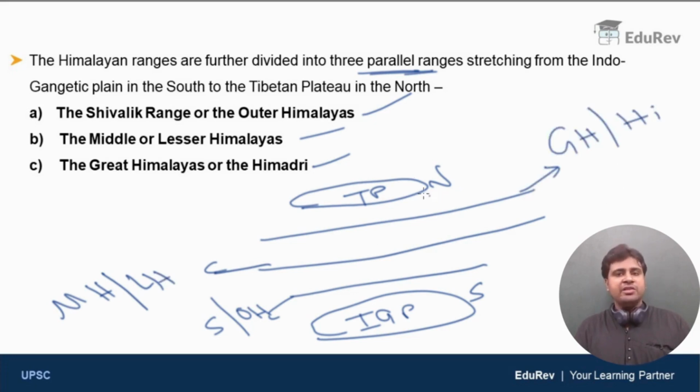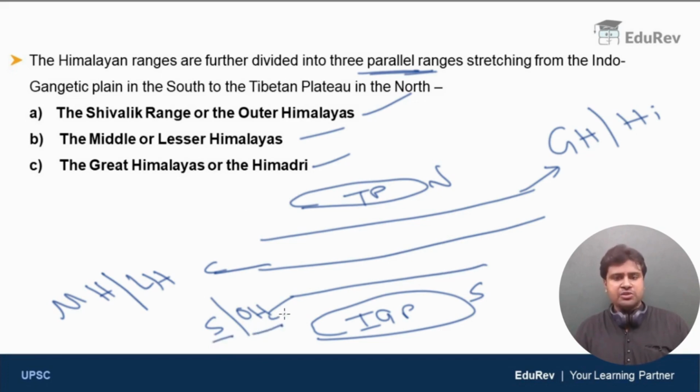So here we are dividing the Himalayan ranges. From the Tibetan Plateau in the north to the Indo-Gangetic Plain in the south, you have three parallel ranges. The southernmost one is the Shivaliks or Outer Himalayas. These are nothing but the foothills, a chain of low hills.